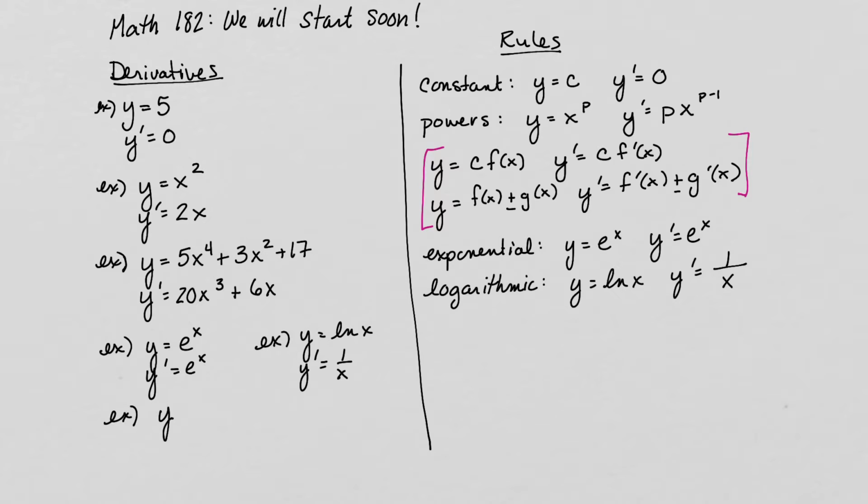So y is equal to something like 2 to the x. So does anybody remember how we take the derivative of y equals 2 to the x? That's one of the weird ones, and I'm trying to grab my calculus textbook here.